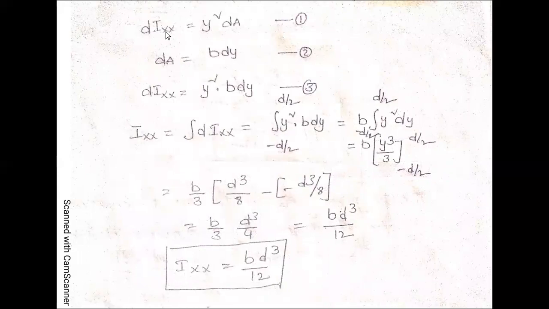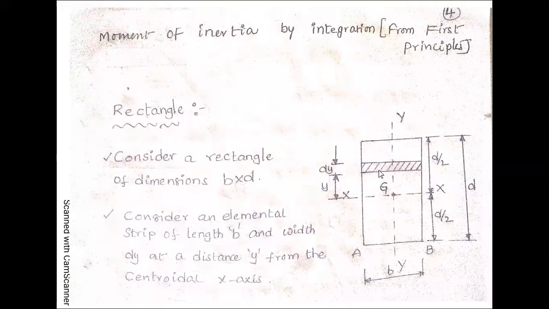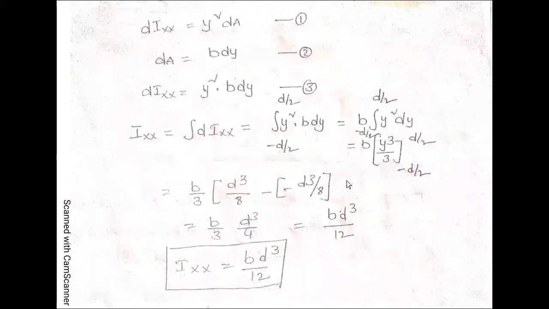Moment of inertia of the element about the x-axis is equal to distance square into element area. Distance is y, we saw in the previous diagram. The area of the element is thickness into length. Thickness is dy, length is b. So dA is equal to b into dy.